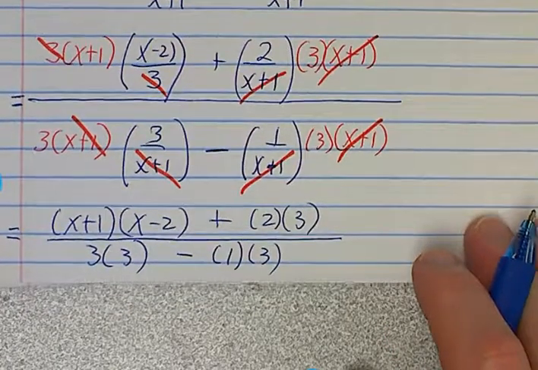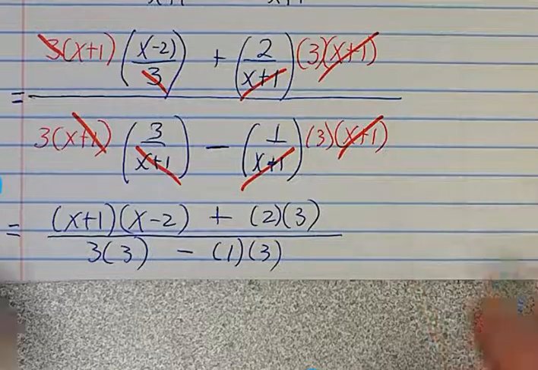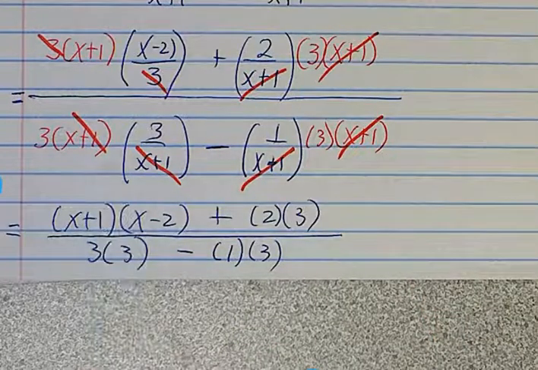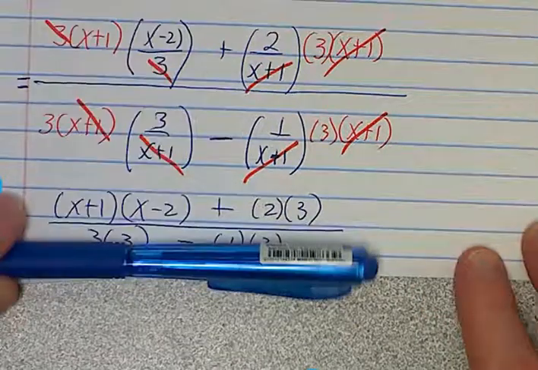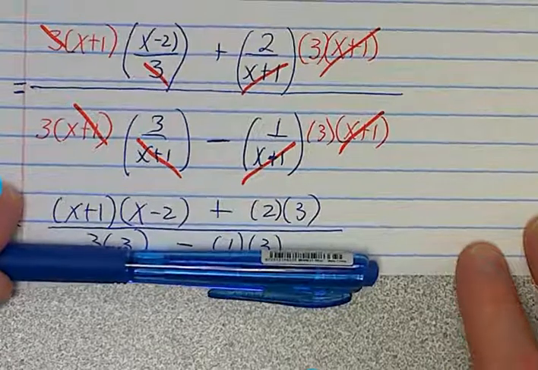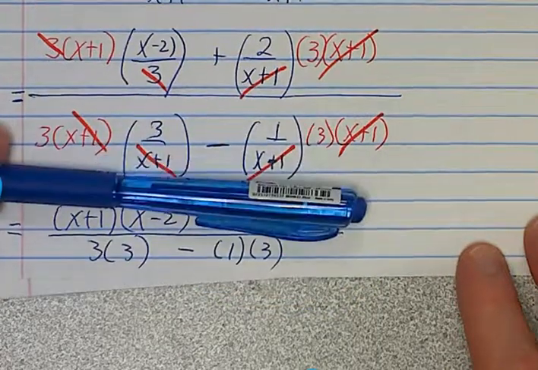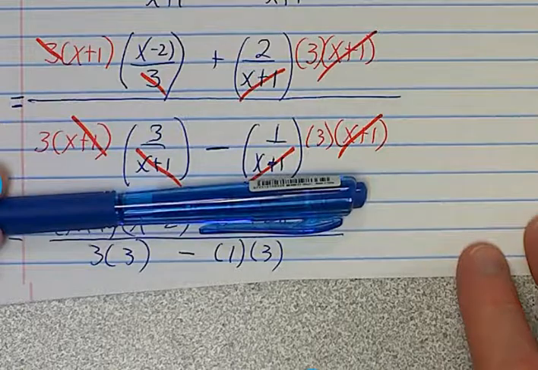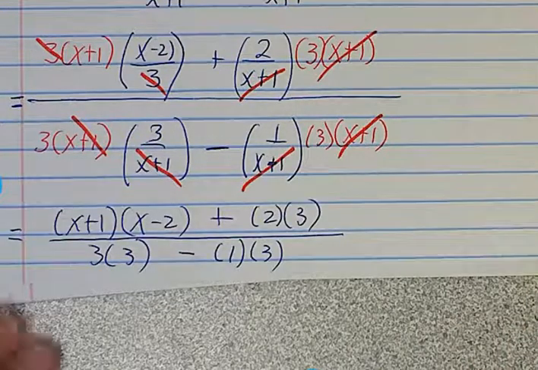Yeah, and that's the whole thing you're trying to do with the complex fractions: when you multiply everything by the least common denominator, now you've got just a regular set of numbers on top, and just a regular set of numbers on the bottom. And from there, just work it out.